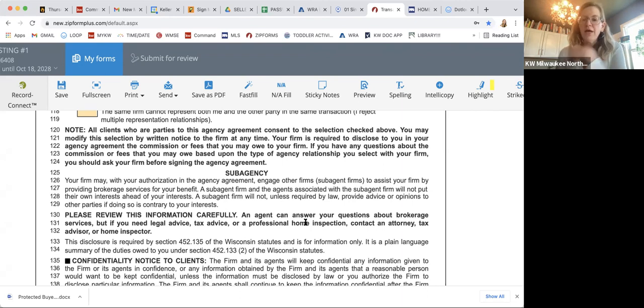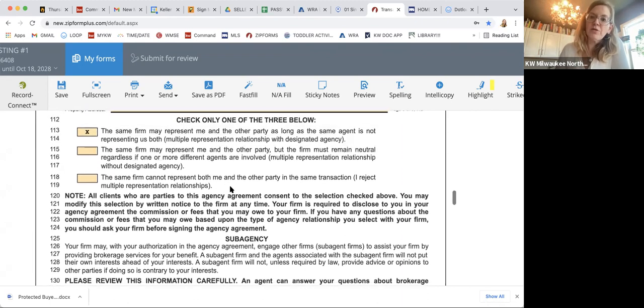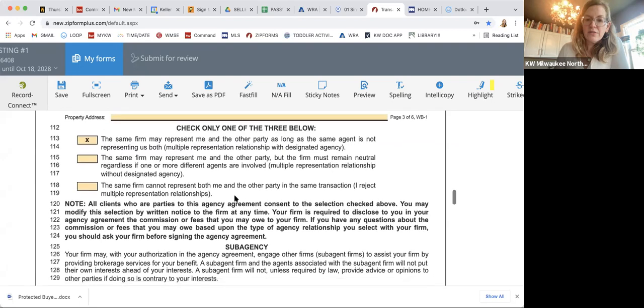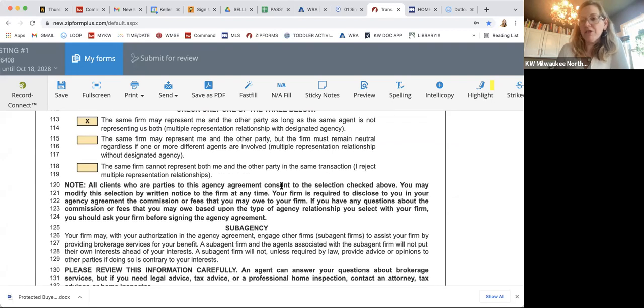Let's say you have a listing contract and you bring the buyer and both parties agree to this neutral approach. First of all, both agency agreements need to reflect that the second choice, without designated agency, applies. So that might need to be modified mid-transaction.